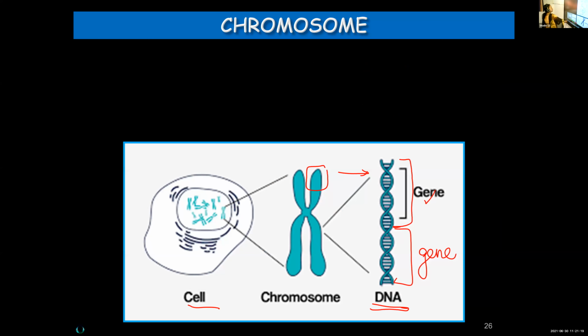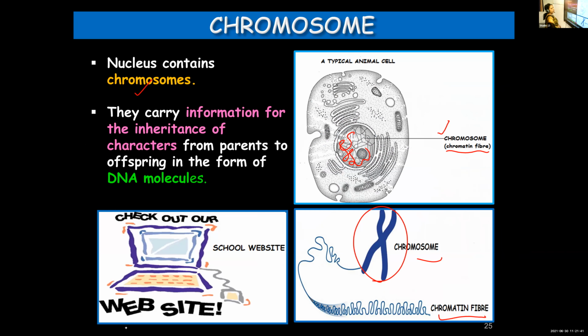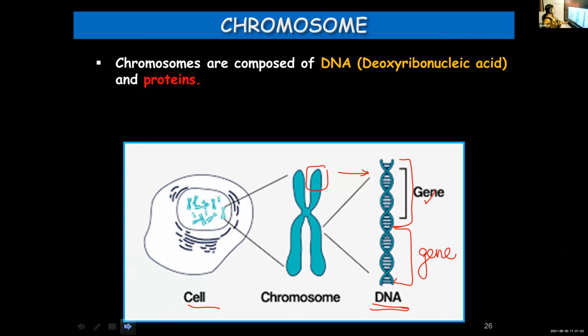Functions of the nucleus, next class we will learn. So the points that we learned today, I will just quickly show them. The nucleus is the control center of the cell. It's covered by a double-layered membrane, which you call the nuclear membrane. And the nuclear membrane is provided with certain pores, which help in the exchange of materials between the nucleus and cytoplasm. The nucleus contains chromosomes, which carry information for the inheritance of characters from parents to offsprings in the form of DNA molecules. Then we learned chromosomes are made up of DNA and proteins.